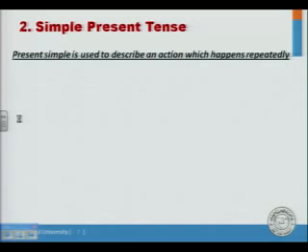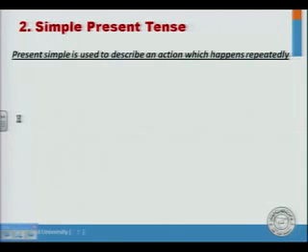In order to simplify and make things clear for you to understand simple present tense, simple present is an action or an event which happens repeatedly.